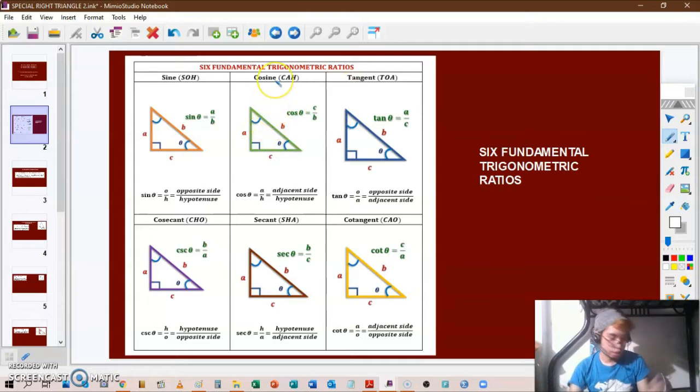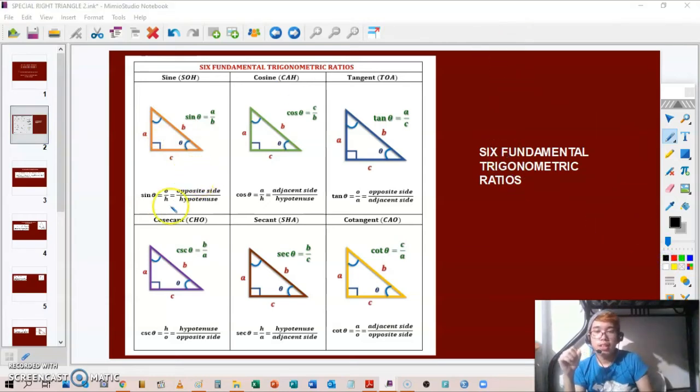So this means that we're going to relate the angles and the sides of different triangles in order to create relationships that would enable us to understand and find the different side measurements of different triangles, using the 6 fundamental trigonometric ratios. Okay, so the first one is sine.